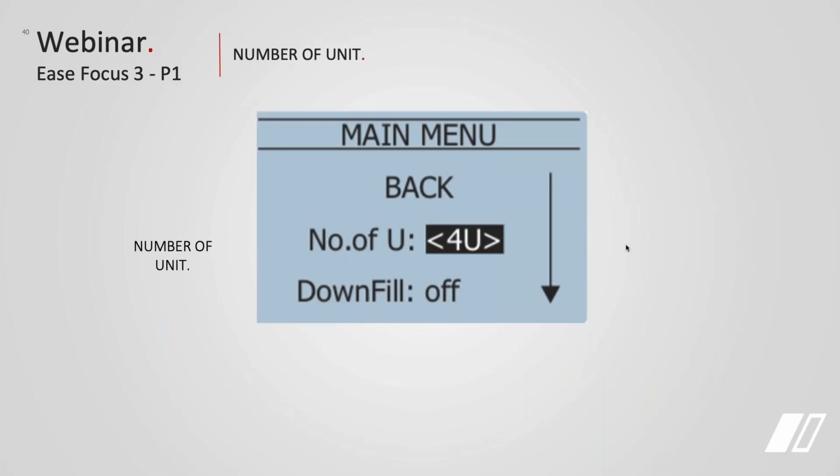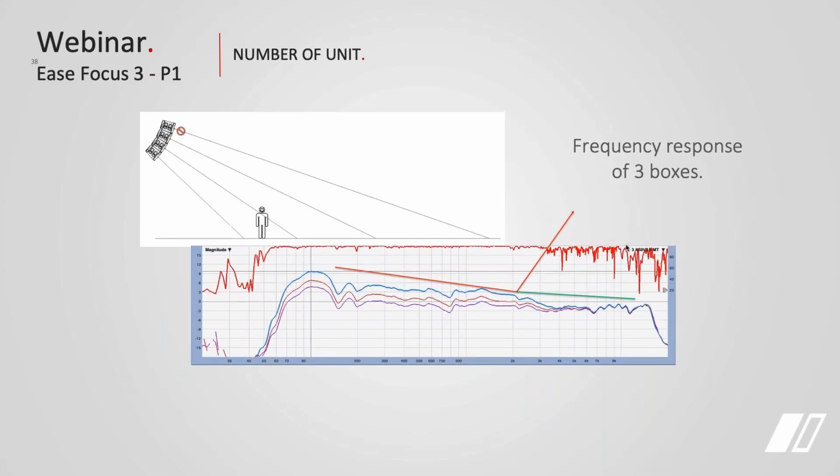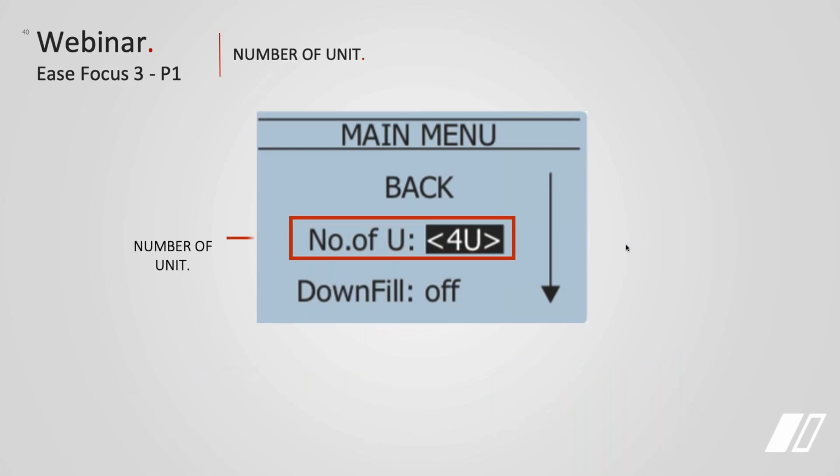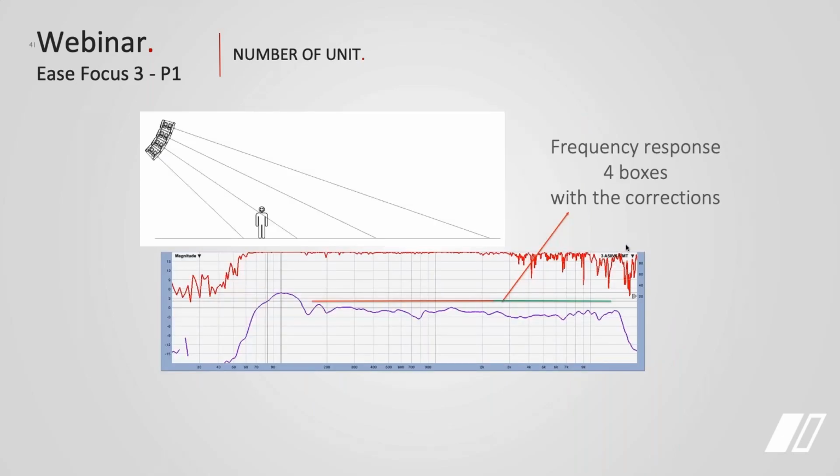If we had all 4 boxes without the number of units placed in, it would look something like the green line you see here. Once we set the number of units to 4, it balances back out to what it would be as 1 box. So like I said, this is our array compensation for our high frequencies in an alignment situation.